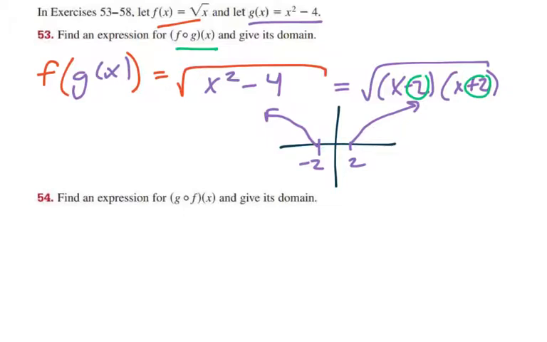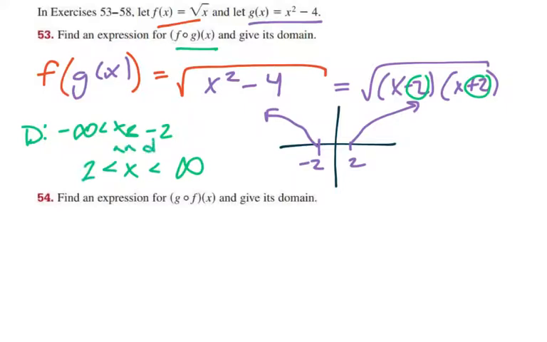So its domain is all of the x's between negative infinity and infinity, but it's going to stop at -2, and then also stop at 2, or begin again at 2. That looks like another 2. It's not. It's a less than sign. Alright.